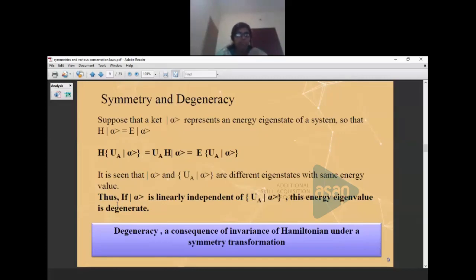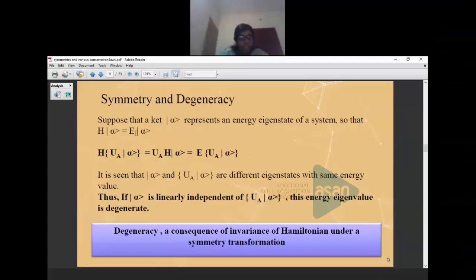Now suppose you apply a unitary U_A, so H U_A alpha. We know H U_A is equal to U_A H, so this becomes U_A E alpha. Now, if you look here and here, what is common? E is common. That means when you are having two different eigenstates, U_A alpha and alpha, you are getting the same energy E.